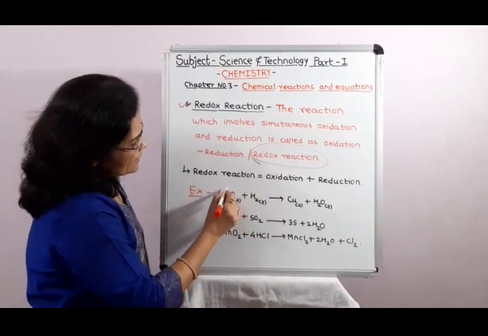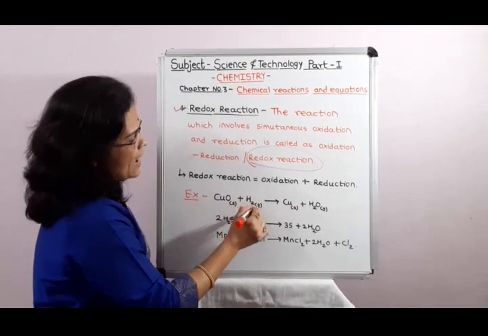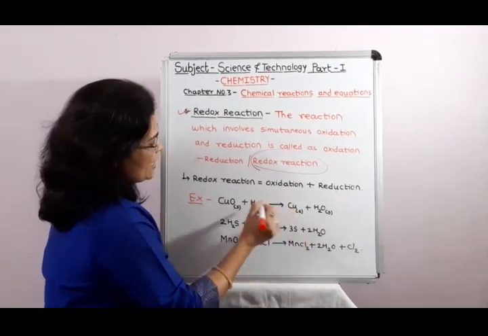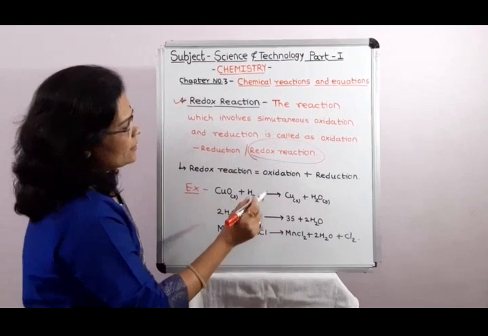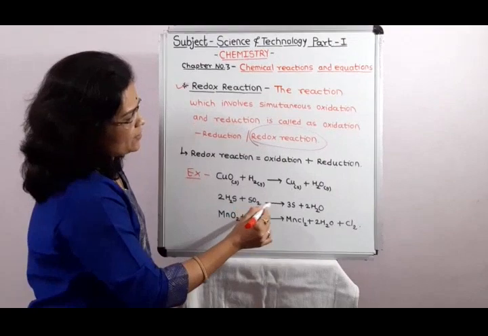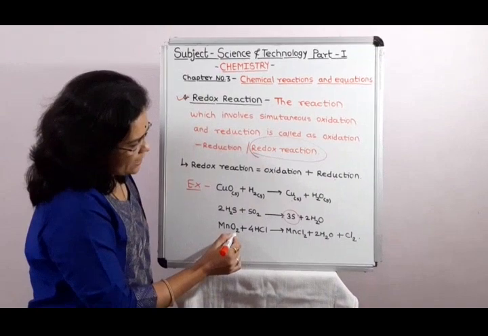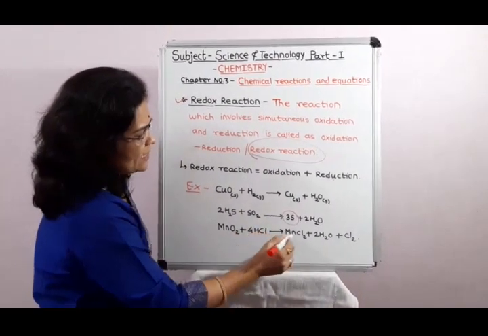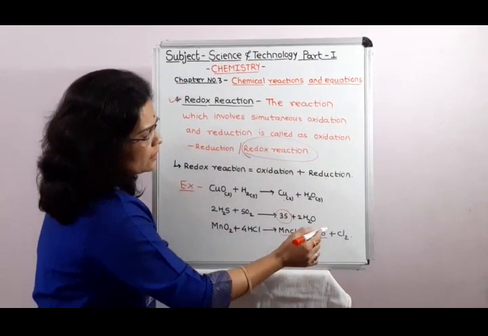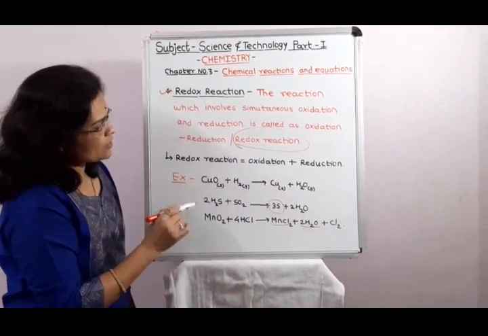When black colored copper oxide passes through hydrogen gas, the reddish colored copper is deposited. Here hydrogen is added. Then when hydrogen sulfide gas passes through sulfur dioxide, sulfur is given out. Then manganese dioxide, when it reacts with hydrochloric acid, manganese chloride is formed, and water is also given out. These are the examples of redox reaction.